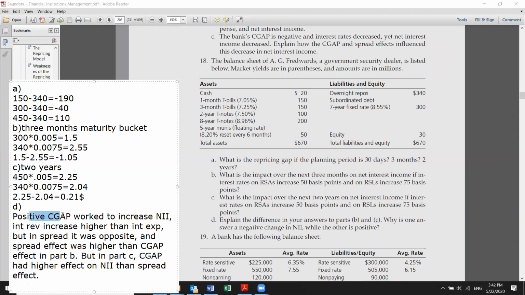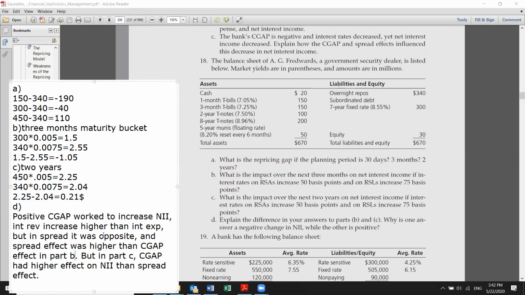That positive gap was in part C. But in part B, the explanation is correct, guys. Positive cumulative gap worked to increase net interest income, because interest revenue increased higher than the interest expense. But in spread, it was the opposite, and the spread effect was higher than cumulative gap effect in part B.